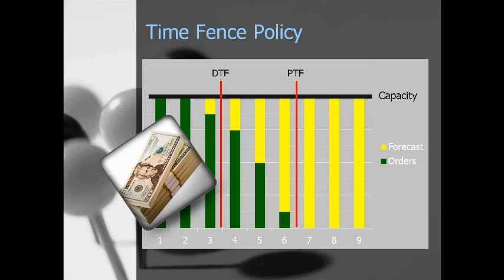Now, in the real world, and I've seen this in many companies, customer service will tell you to drop in one order, but they'll forget to tell the other customer that their order is getting delayed. I've seen various ways of handling this. One of my clients, Firmenich, they maintain 20% of their daily capacity uncommitted, so that they can do what are called drop-in orders inside the demand time fence.